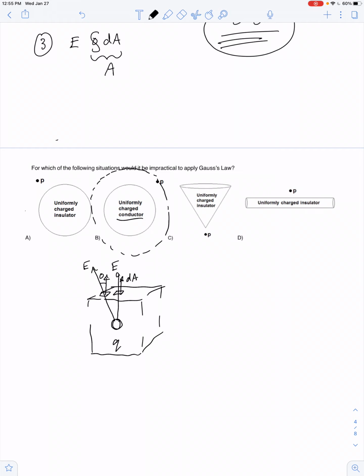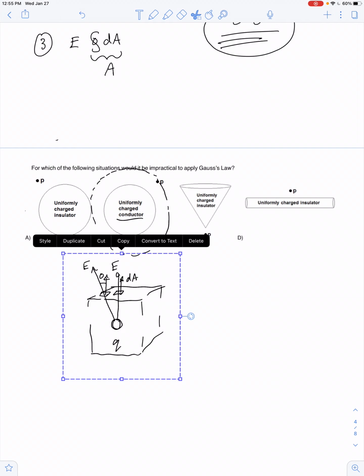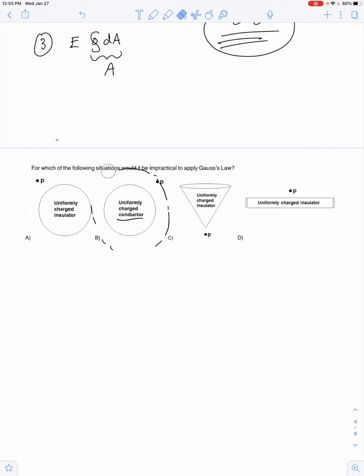So generally, the shape of your Gaussian surface is very nearly going to mirror the shape of the charge that's creating the electric field that you want to solve for. So if we skip over question C and look at D, if we have a uniformly charged plastic rod and we want to find the electric field at the indicated point P, then we can make a Gaussian surface in the shape of a larger cylinder.